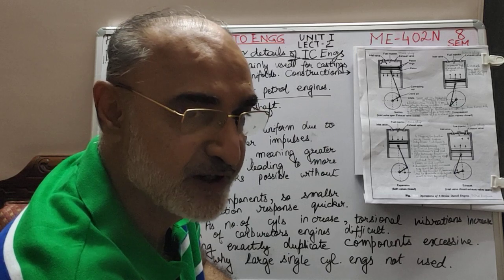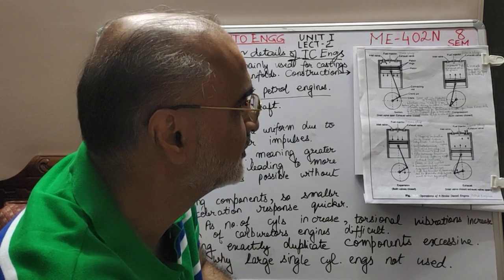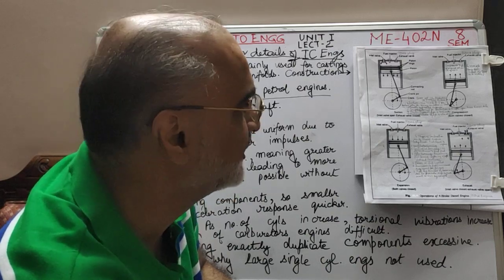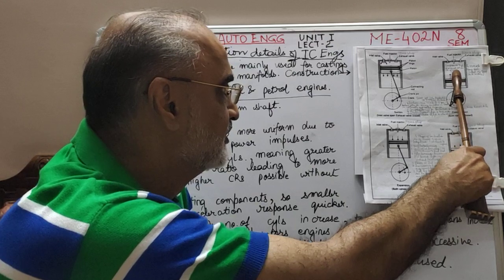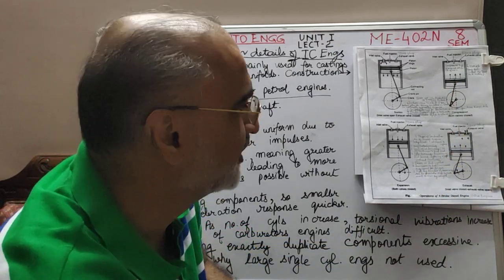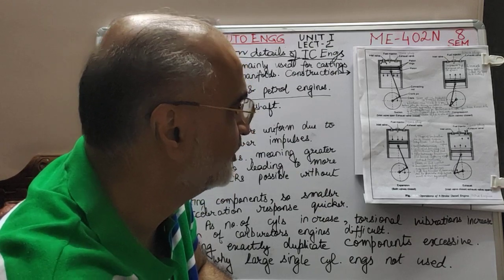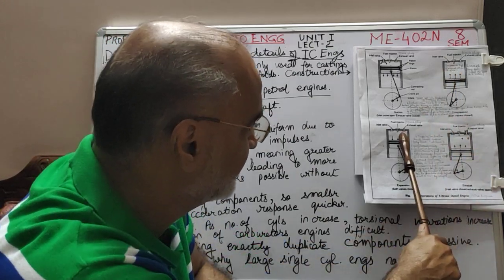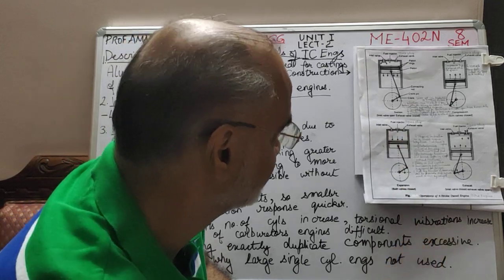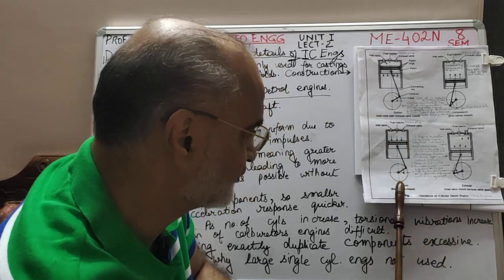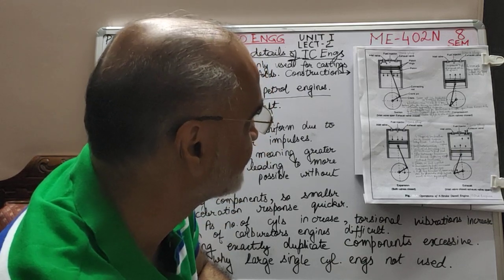An explosion takes place and the combustible products burn rapidly. The temperature and pressure rise considerably, which force the piston downwards. This is called the expansion stroke or the power stroke.